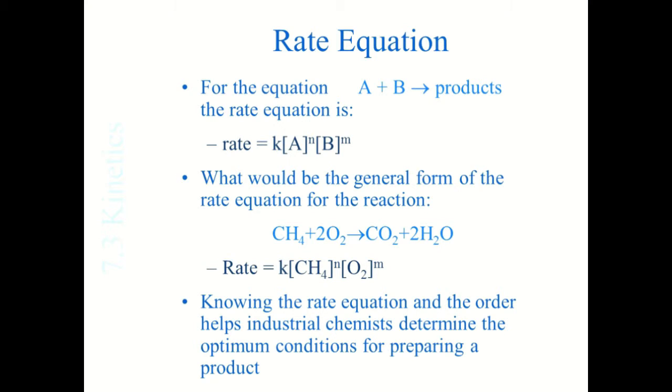Unless they tell me A is second order and B is third order. Then I could write A squared, B cubed. But otherwise I would just leave them as N and M because I don't know what they are. Same thing here. Methane plus oxygen are the reactants, so those are the concentrations I use in my rate equation. K times the concentration of methane, and oxygen, M.